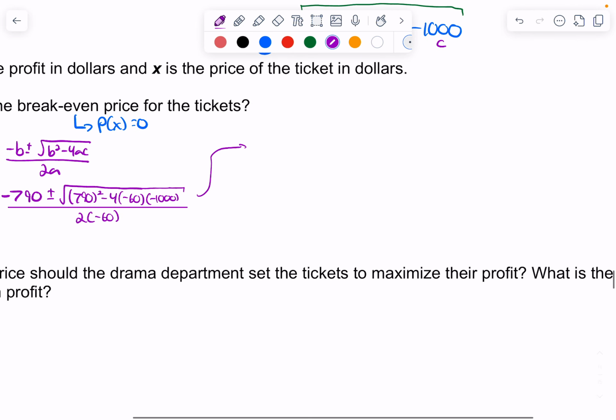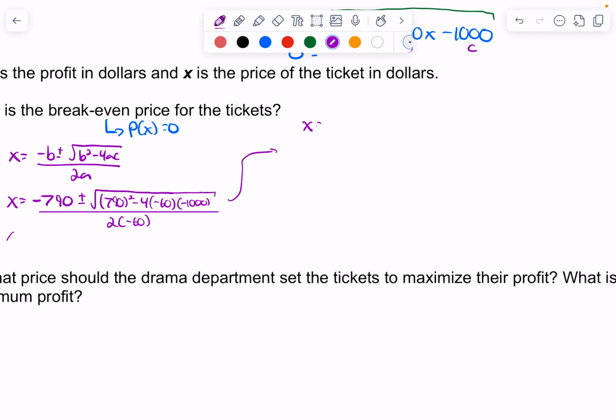Give myself some room. x equals minus 790 out front, plus or minus, let's clean up that square root. So 790 squared is 624,100. And then minus 4 times 60 times 1,000.